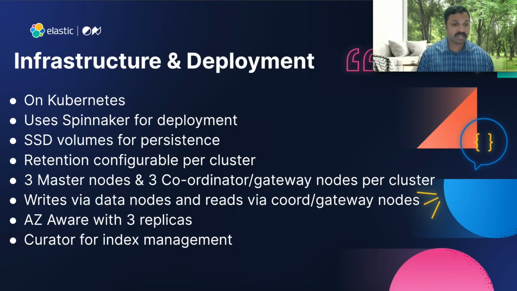We have three master nodes and three coordinating nodes per cluster. All our writes are done via the data nodes, and all our reads are done via the coordinating nodes. Our deployments are always AZ aware with three replicas. We use the open source Curator for all our index management, like index purging, index settings, and so forth.